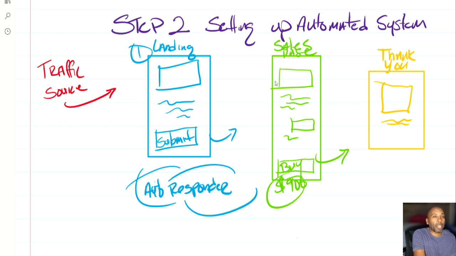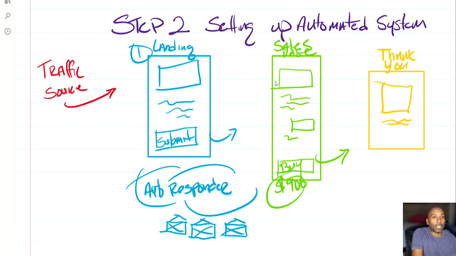They come and put in their email, and they are put into an autoresponder. Then at a later date, if they do not buy, the autoresponder will send out an automated email, which I'll show you how to set up.